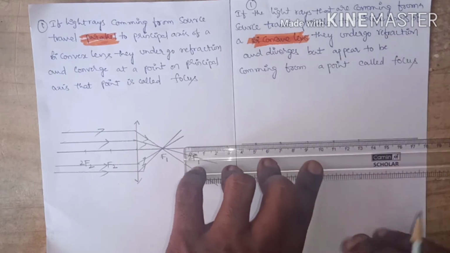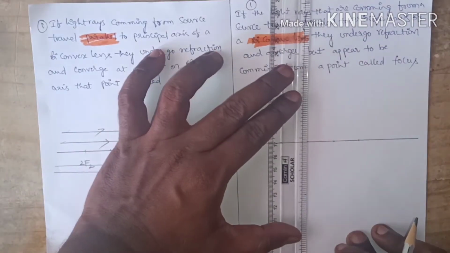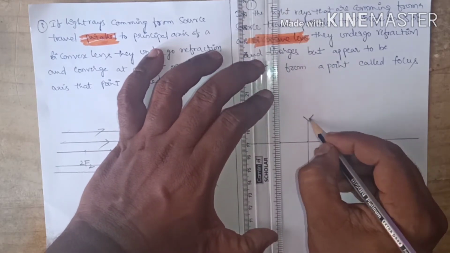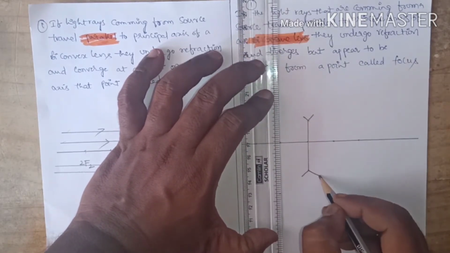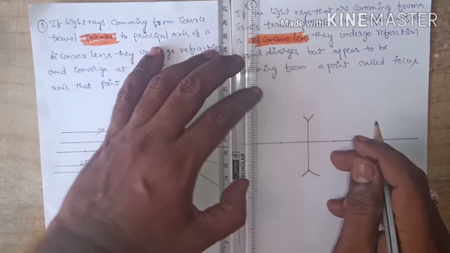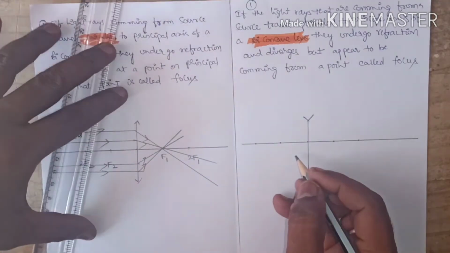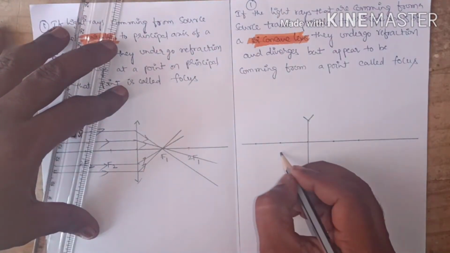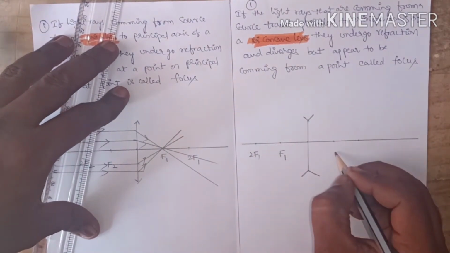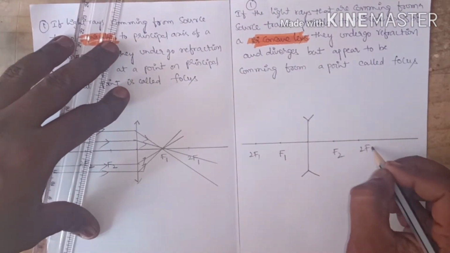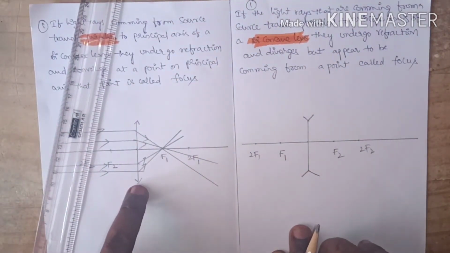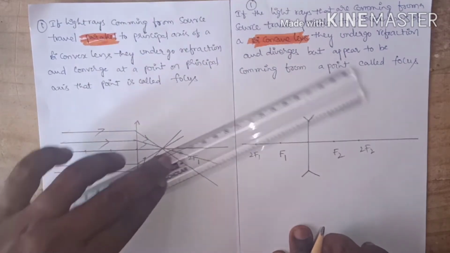Now at the very center, this point acts as the optic center. At the optic center, I am drawing a biconcave lens representation. Now, the biconcave lens is in the opposite direction. This can be F1 and 2F1, F2, 2F2. You should understand the difference between a biconvex lens and a biconcave lens.